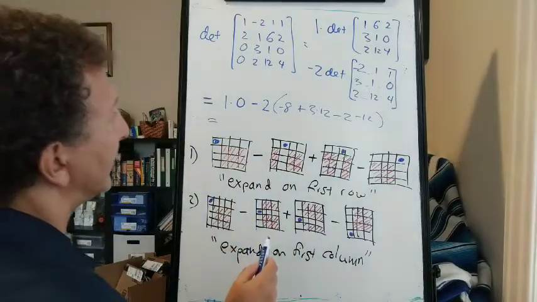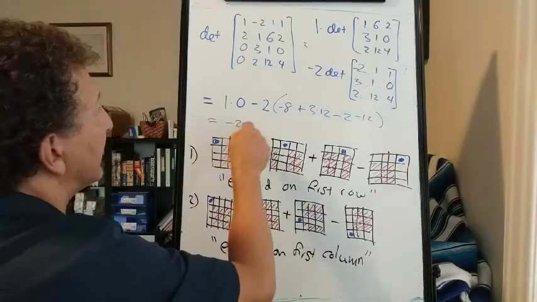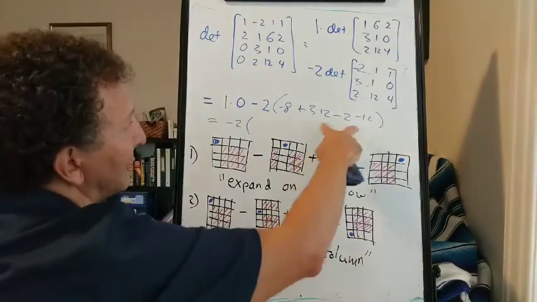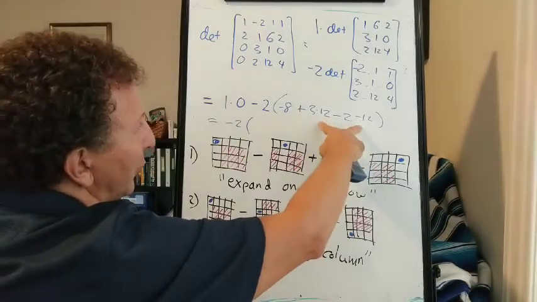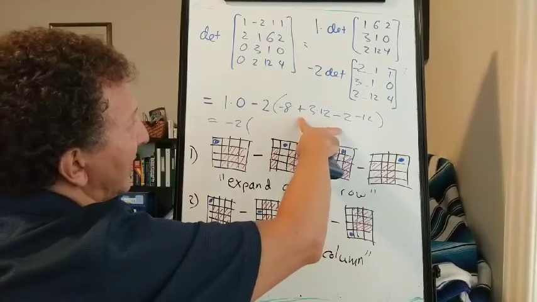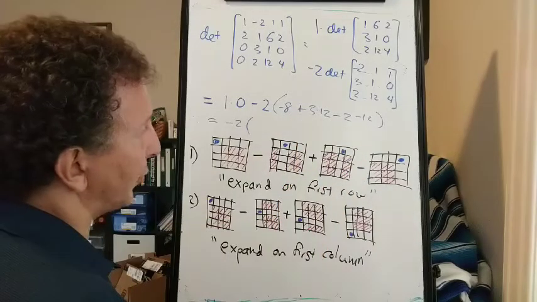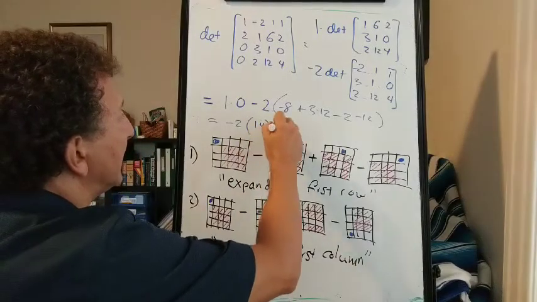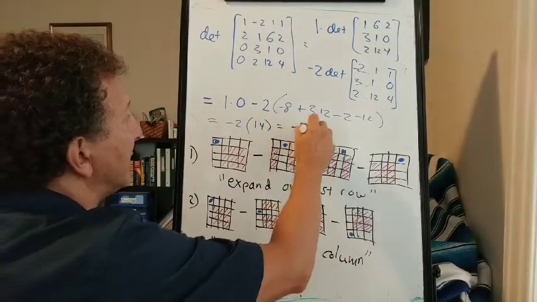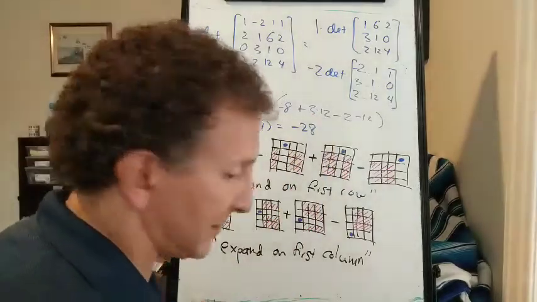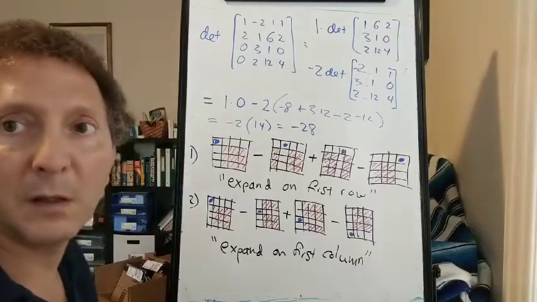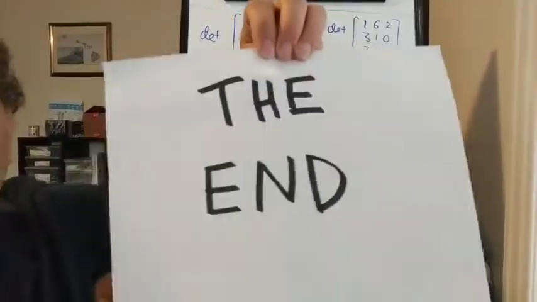So that's -2 times what's in the parentheses. 3 times 12 minus 12 is 2 times 12, so that's 24 minus 10 is 14. So minus 2 times 14, so I guess the determinant is minus 28. The end.